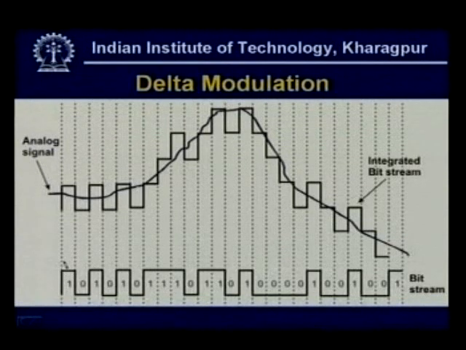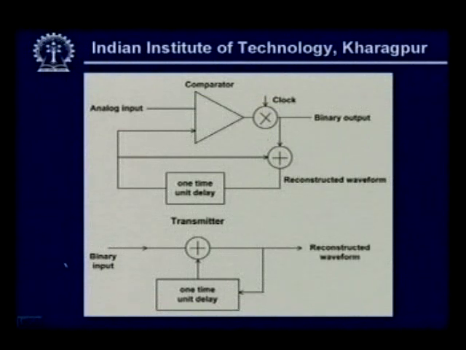So, the bandwidth is less in case of delta modulation, and you can use a circuit like this, with an analog comparator. Here is the analog input, and with the help of this clock we are finding out whether the comparator output is 0 or 1, and depending on that you are sending 1 or 0. This is essentially some kind of integrator or adder which regenerates the reconstructed signal.